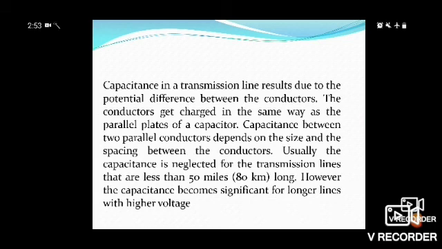Like that, the transmission line also has capacitance per unit length, which can be given as farad per kilometer. The capacitance in a transmission line results from the potential difference between the conductors.